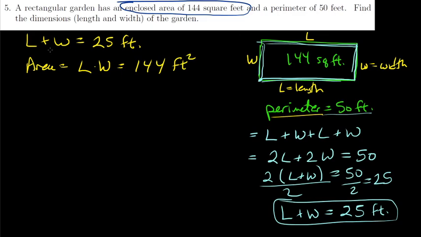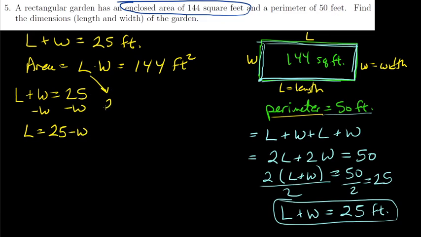But notice that we know what L is. L plus W is 25. So if I subtract W from both sides, I get that L is 25 minus W. But that means this L is also 25 minus W. So multiply that by another W, and that gives you 144.